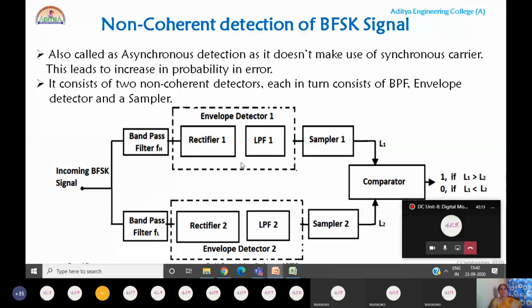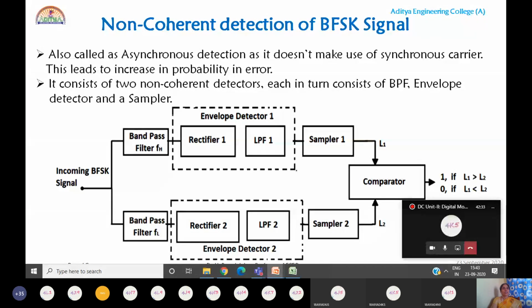But in the case of coherent detection, we used cos 2 pi FHT as a synchronous carrier in the upper correlator, and you used cos 2 pi FLT as the product in the lower correlator.